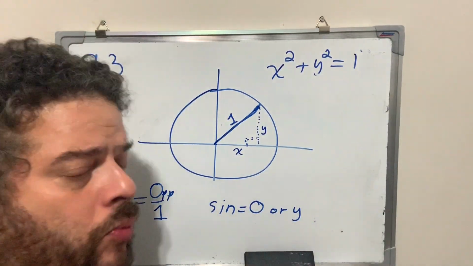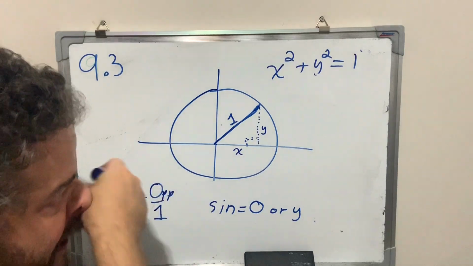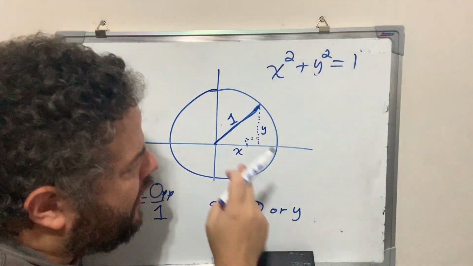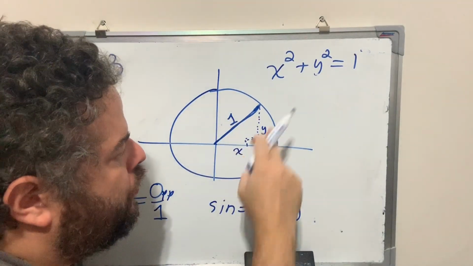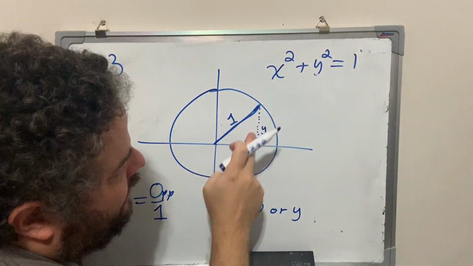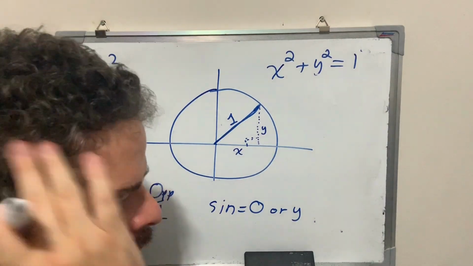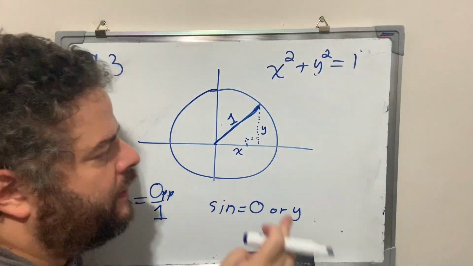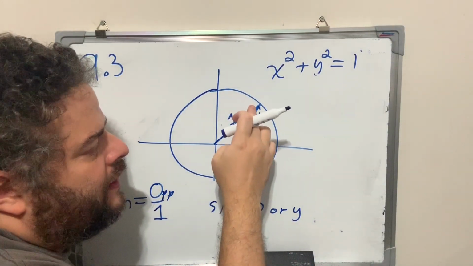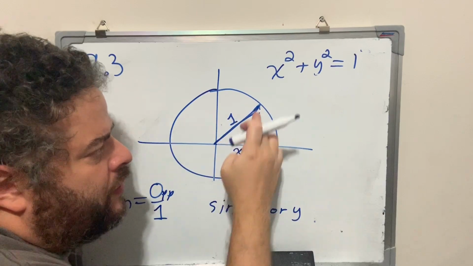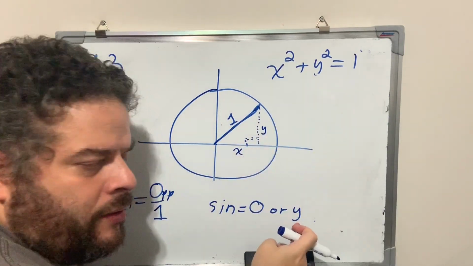So sine equals y. Again, let's go over an example. If this is 1, let's not give actual values because it's not going to mathematically make sense. But just know that this value divided by 1 will be this value, or y.